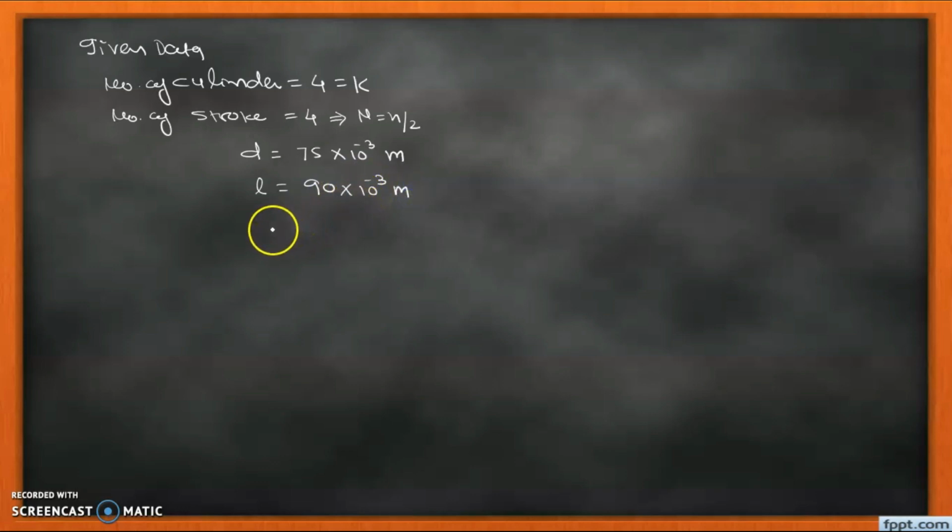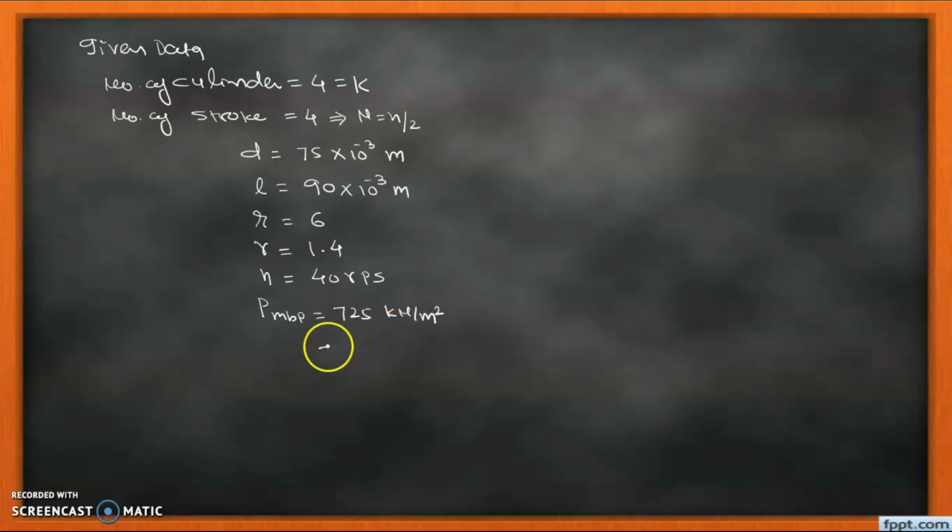The engine operates on the Otto cycle. The compression ratio, generally indicated by r, is given as 6:1. The ratio of heat capacities, indicated by gamma, is given as 1.4. The speed is given as 40 RPS, so no need to divide by 60. The brake mean effective pressure is given as 725 kilonewton per meter square.